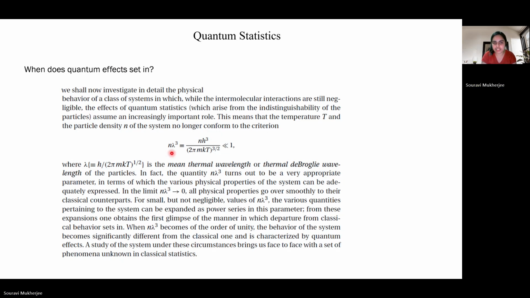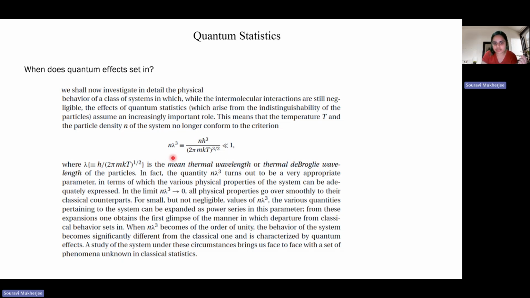That means if n lambda Q is less than 1, this would be basically the high temperature or low particle density limit, right? That limit is associated with the classical domain.